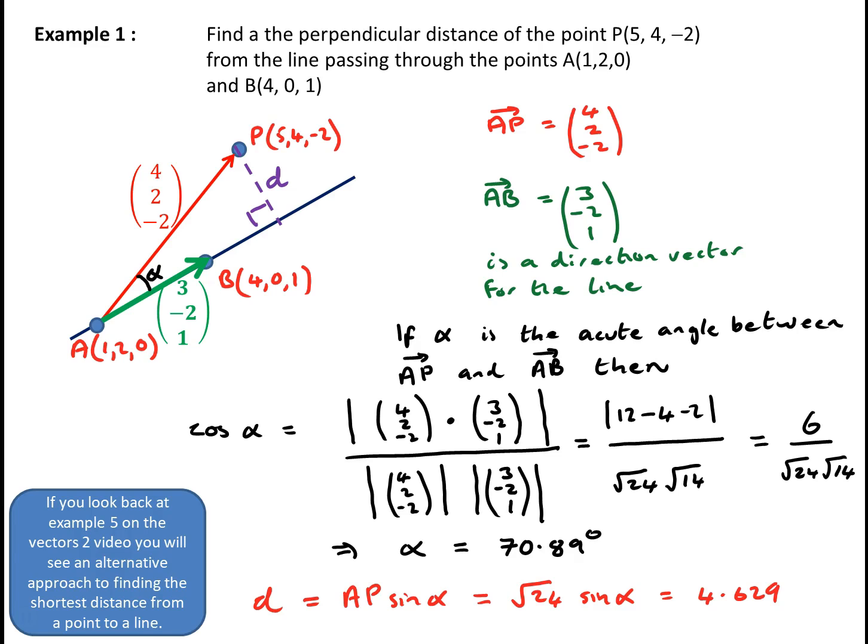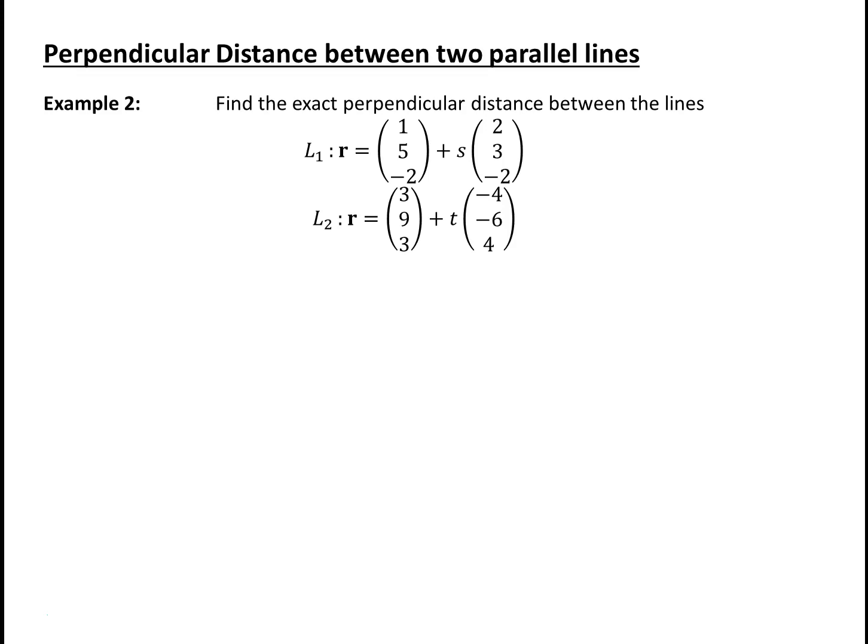Now it's just worth commenting that in a previous video, the Vectors 2 video, in example 5, we found an alternative method of finding the distance of a point from a line. If we've got two parallel lines, we can use exactly the same method to find the distance between the two parallel lines. And again, the best thing to do is to start with a sketch diagram. So we've got the two lines.